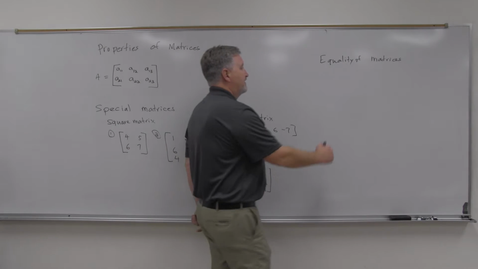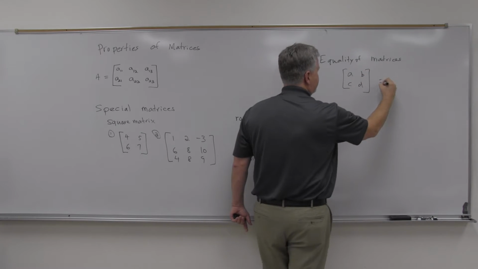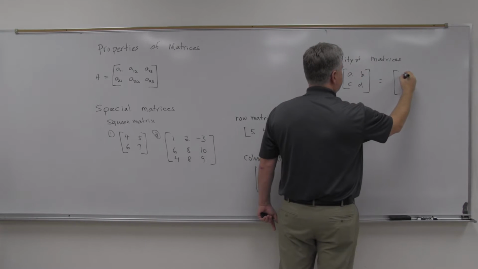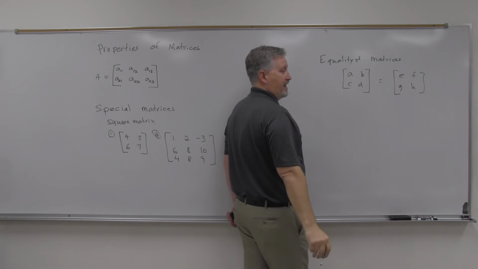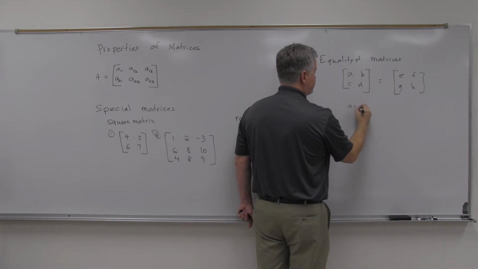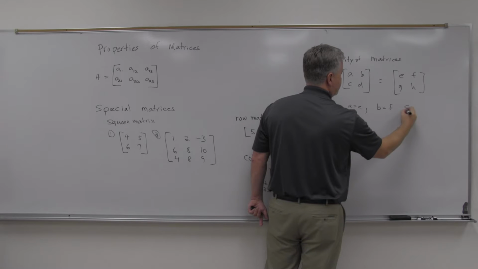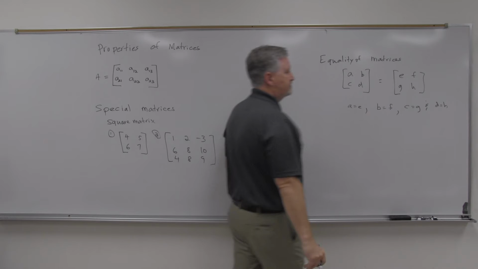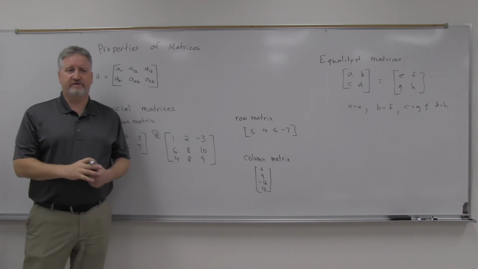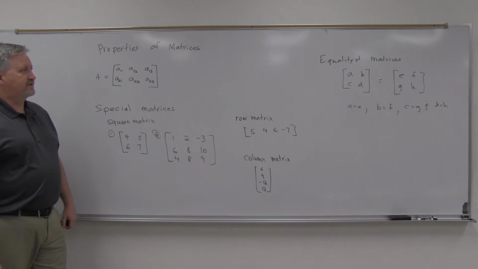The only way an A, B, C, D matrix equals an E, F, G, H matrix is if A equals E, B equals F, C equals G, and D equals H. So, yeah, entry by entry, they just have to be equal. So that's, like I said, the most obvious definition, and that is the way it's equal.